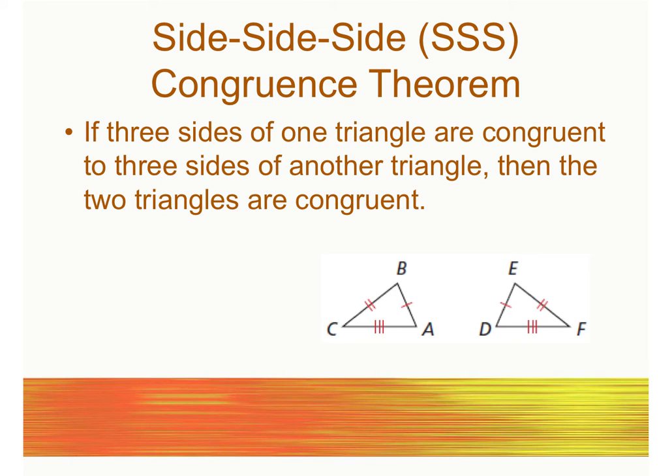Because if every single side matches up with the same sides of the other triangle, then they're congruent. By saying that they're congruent, that's saying that all of the angles are also the same measure. AB is the same as DF, and BA is the same as DE.